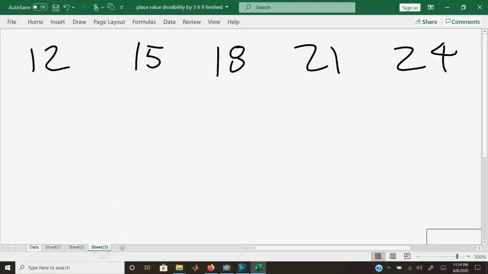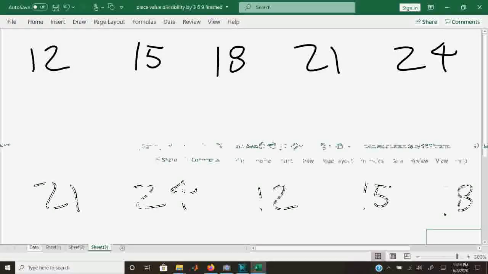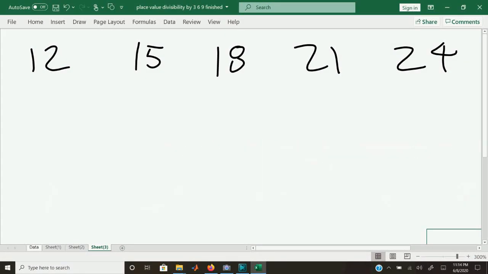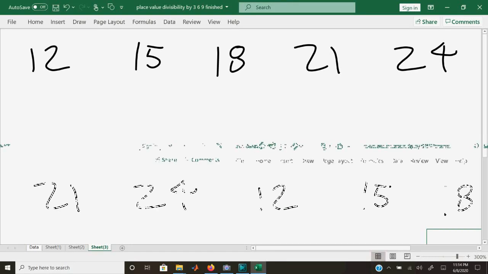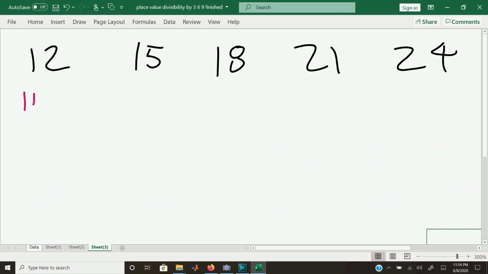Let's look at dividing by 6 now. First of all, if I add my numbers using the idea of adding digits, 1 plus 2 is 3. So I know 12 is divisible by 3. I also know it's divisible by 6, but the digits do not add up to 6. If I have 15, 1 plus 5 is 6, but 15 is not divisible by 6.